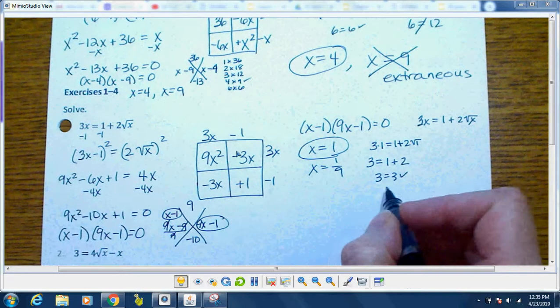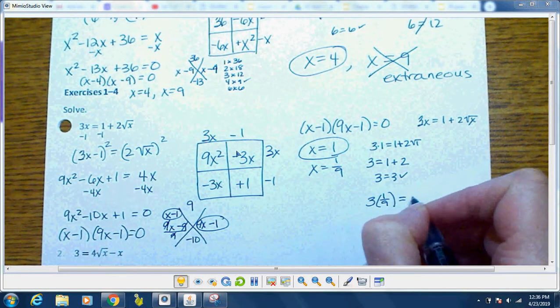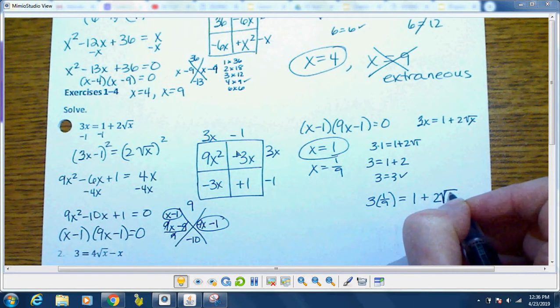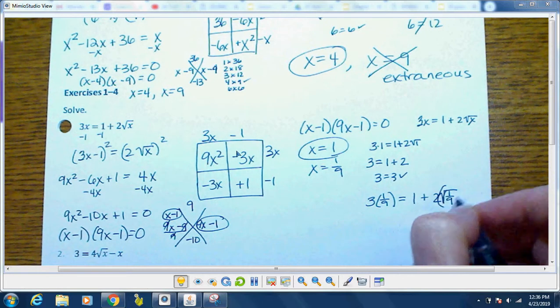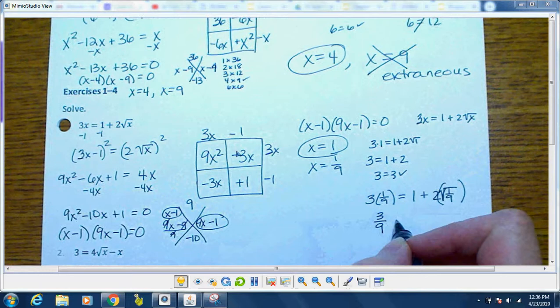Let's look at 1/9. 3 times 1/9 equals 1 whole plus 2 times the square root of 1/9. So that becomes 3/9, which is less than 1.